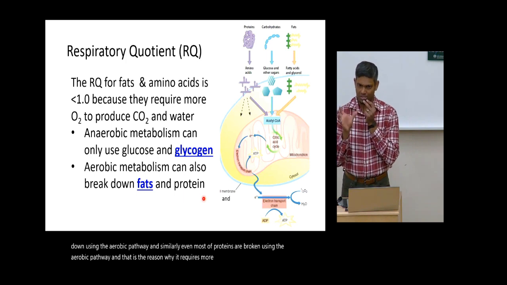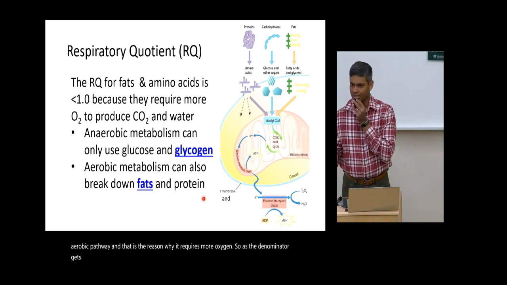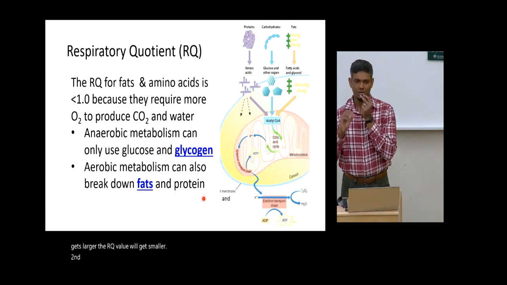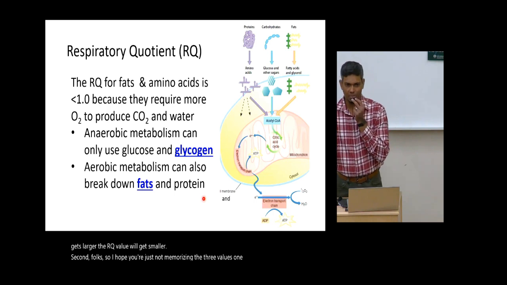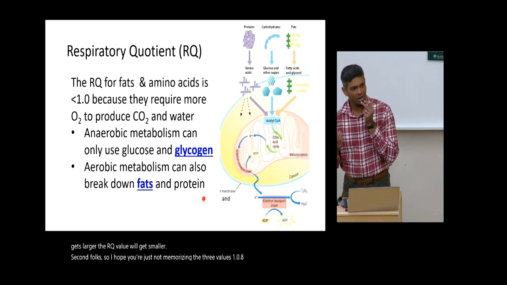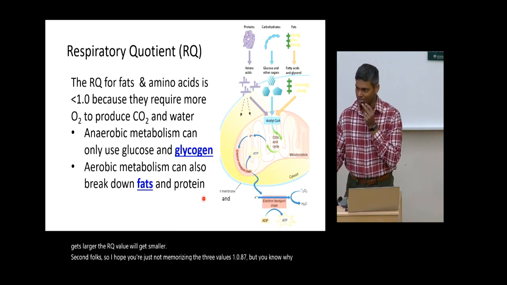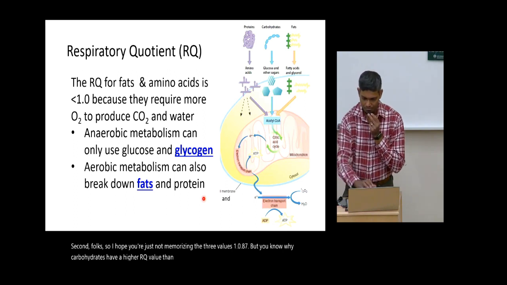So as the denominator gets larger, the RQ value will get smaller. Is that clear, folks? I hope you're not just memorizing the three values 1.0, 0.8, 0.7, but you know why carbohydrates have a higher RQ value than proteins and fats.